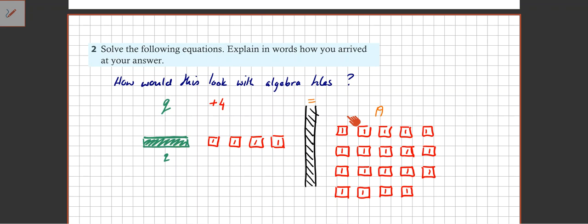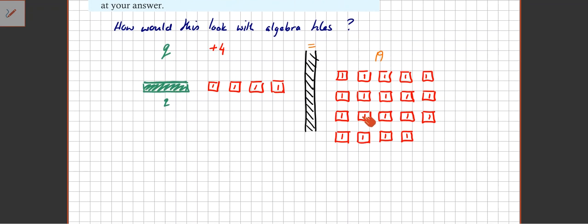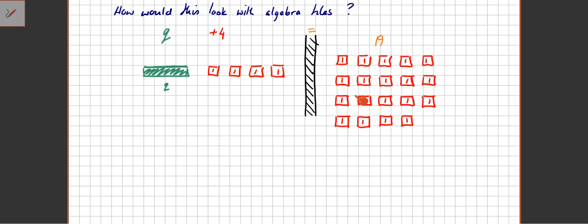So, all I did with this, I remember my notes from last time, is show you a visual method. This is using something called algebra tiles, where we have a tile that represents the unknown value, the Q. We don't know what that represents, but the plus 4 is represented by 4 single ones there.